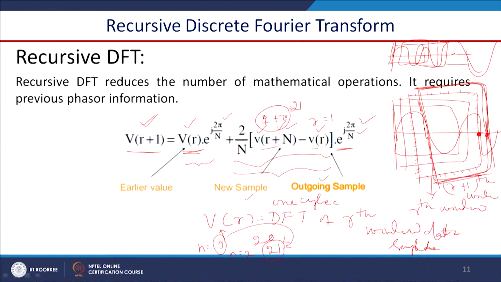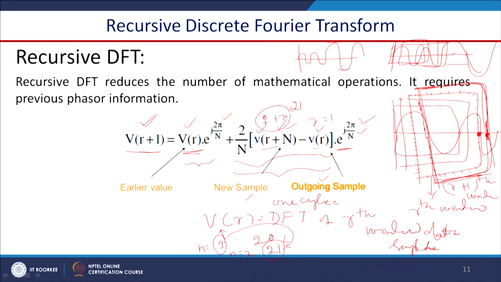The difference between the new sample and the old sample will be significant when the window reaches the disturbance area. This is my signal before the disturbance and this is the signal after the disturbance. Let us say the current magnitude has increased to another level after the disturbance. Now, this window will keep on moving, and when it moves inside the disturbance area, there is a significant change between these two samples.